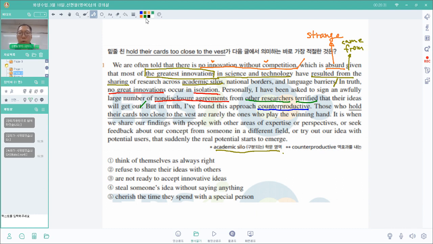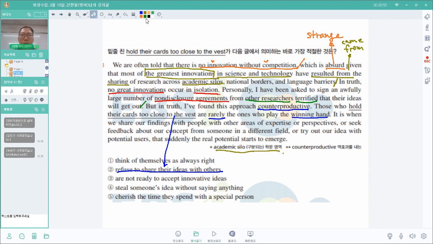Maybe we are talking about these people who refuse to share their ideas with others. When we play cards, we can see many people refusing to show their cards to others. And rarely do these people play a winning hand. They don't really win the game if they don't want to share the information.